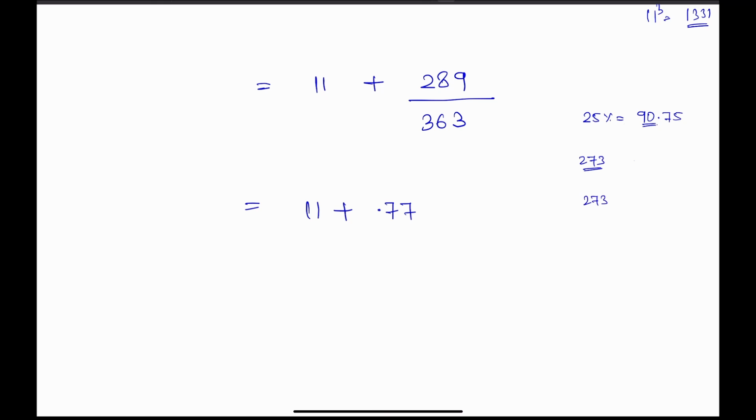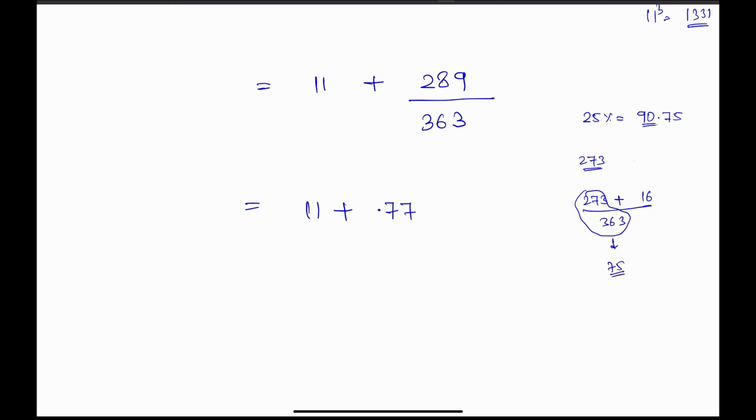273 plus 16 by 363, we can rewrite it as this one. Okay, we know that this will be 75%.